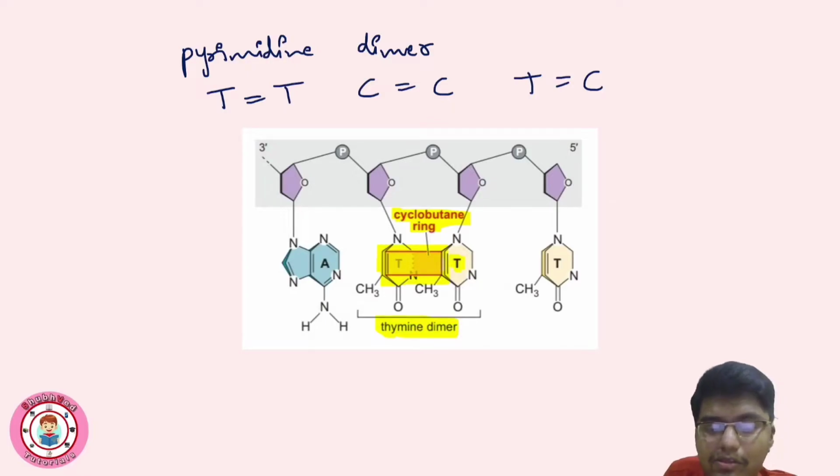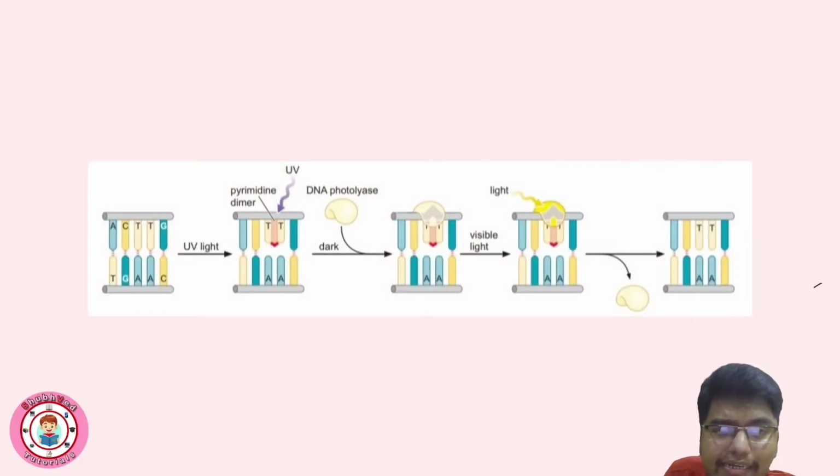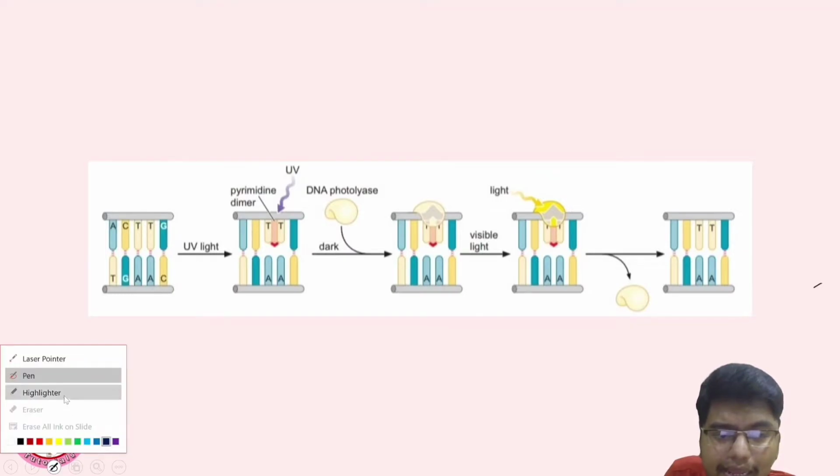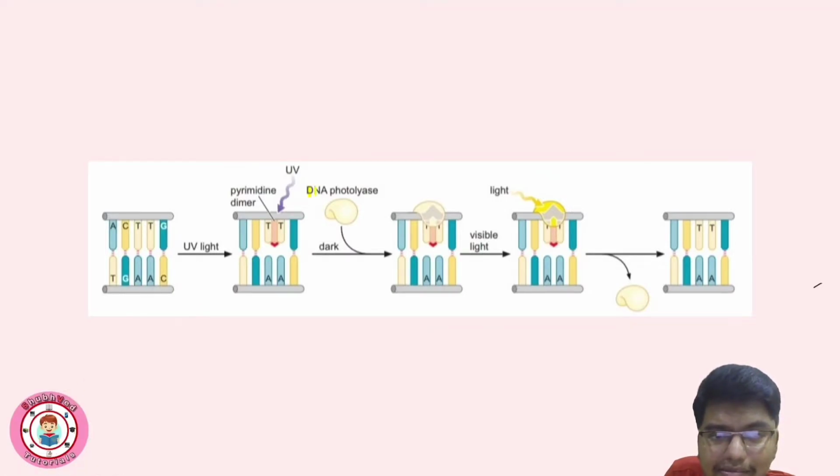Now how is this repaired? This is repaired by the process of photoreactivation. Here comes the enzyme DNA photolyase. We can see here that pyrimidine dimer formation is due to UV radiation.